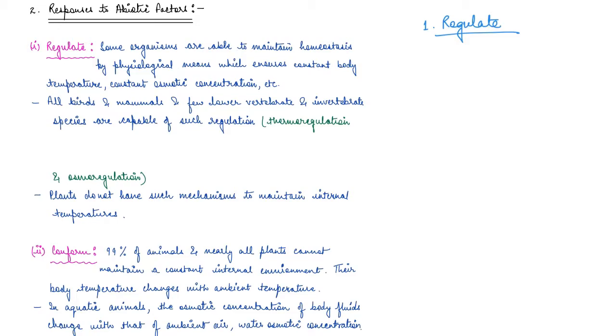Now, if we come to all birds and mammals, and then some lower vertebrates and invertebrates, they are capable of such regulation. They are capable of thermoregulation and osmoregulation. Right.